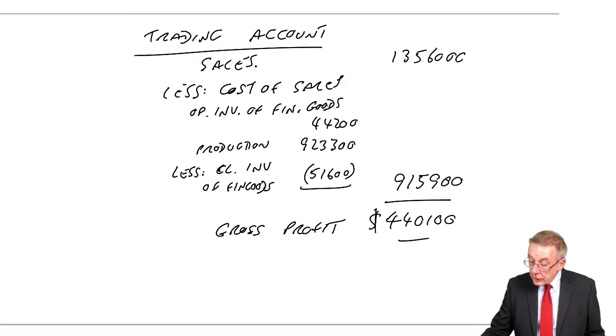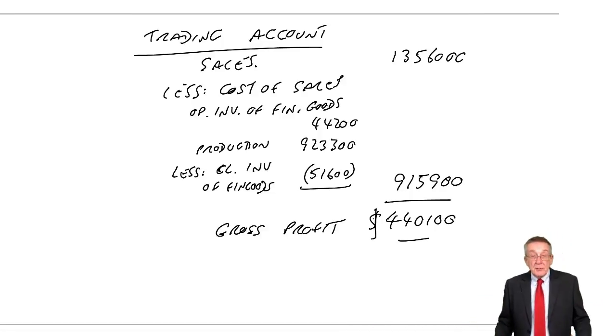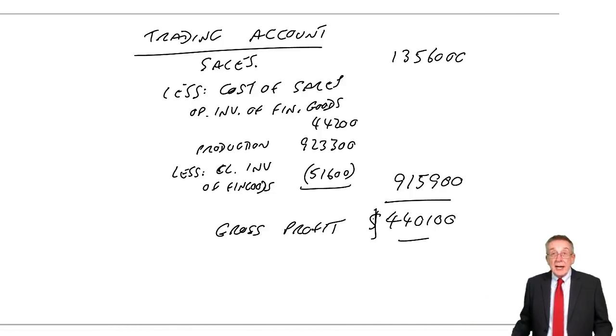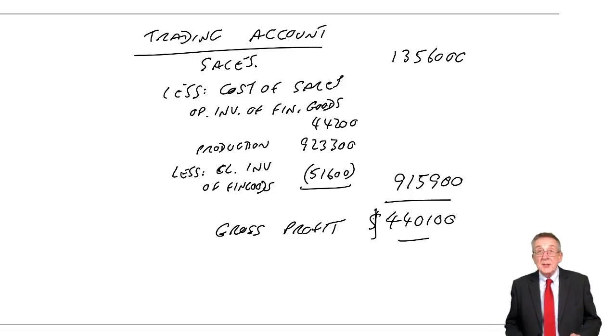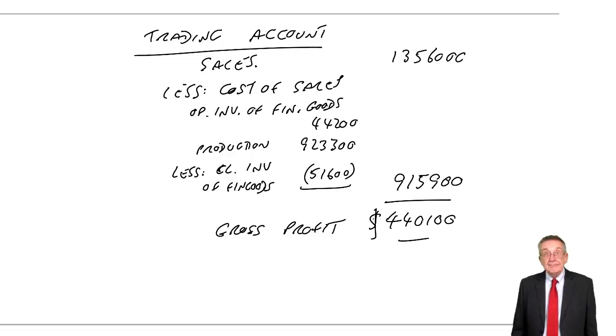Now that's all we were asked for, the trading account. The statement of profit and loss, you then subtract the expenses, selling and distribution expenses, admin expenses. But it was just the trading account we wanted. Good.